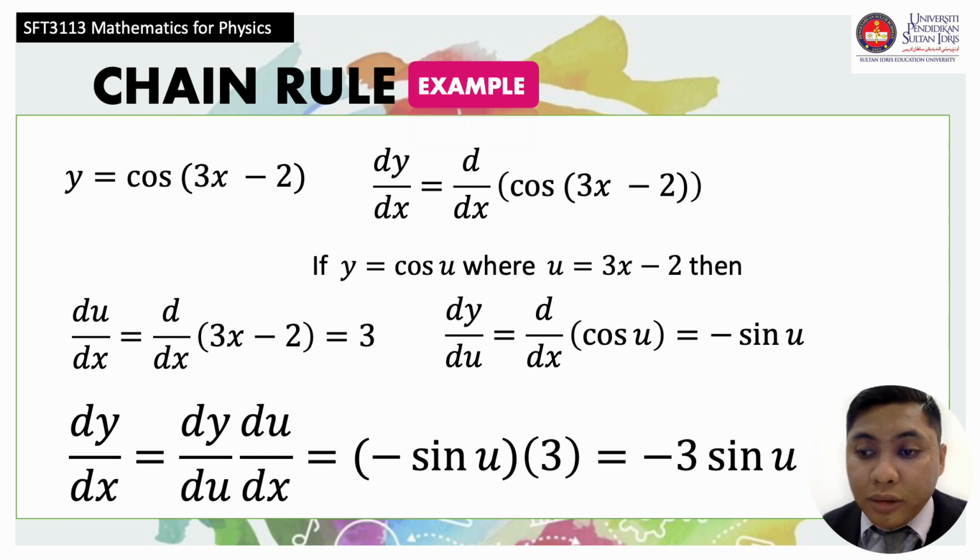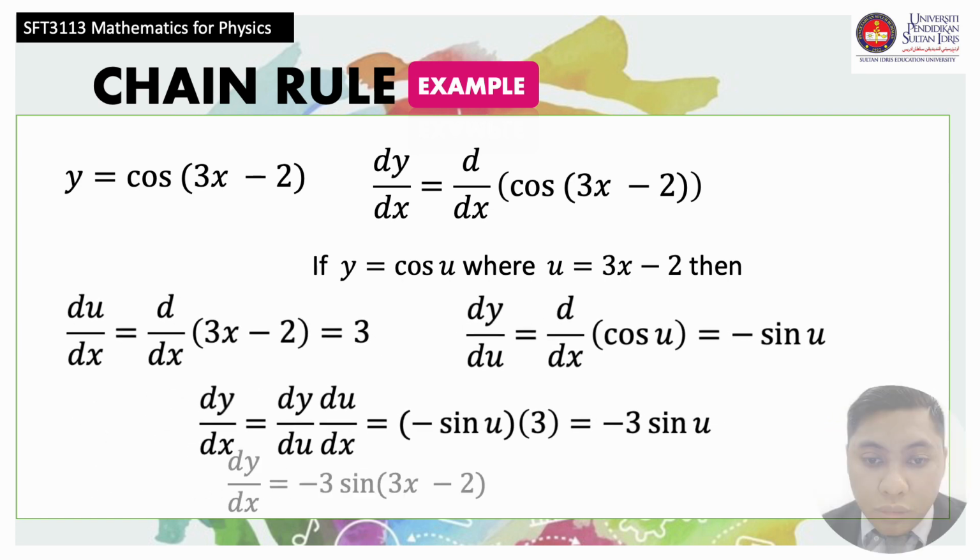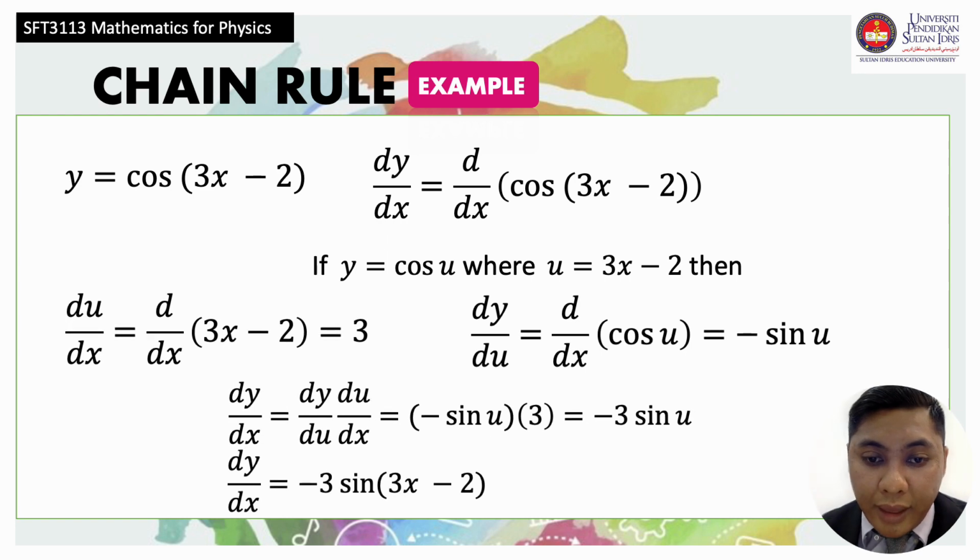We cannot leave it like this, because we have u here and our original equation is not in terms of u. So we need to change u back to 3x minus 2.